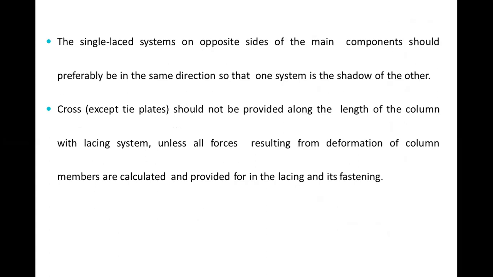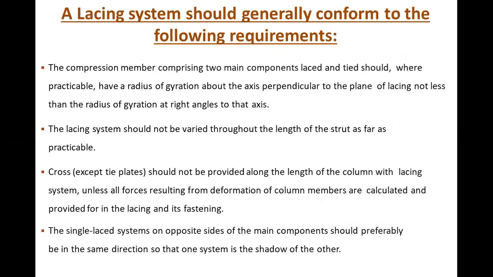Cross or similar type plates should not be provided along the length of the column with lacing systems unless all the forces resulting from deformation of column members are calculated and provided for in the lacing and its fastening, right? So a lacing system should generally conform to the following requirements.